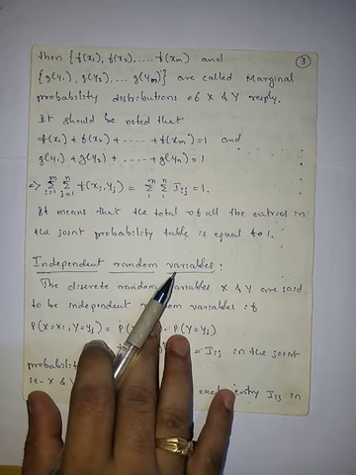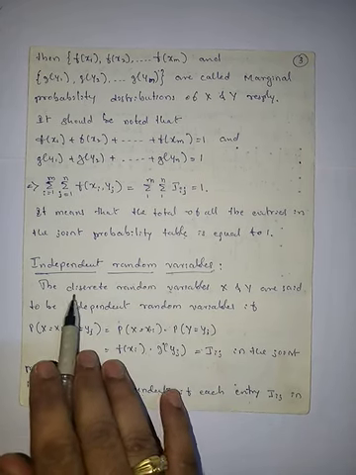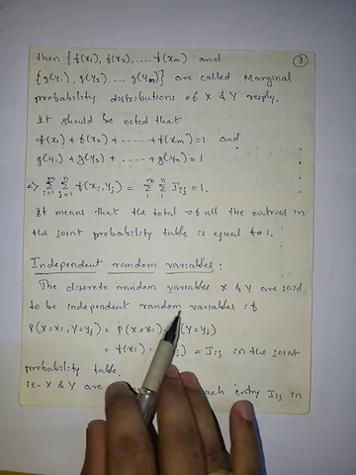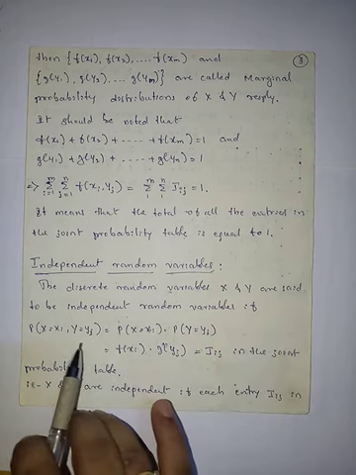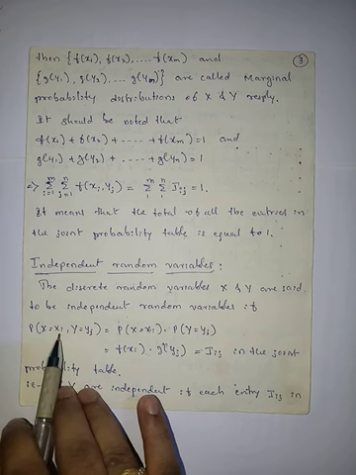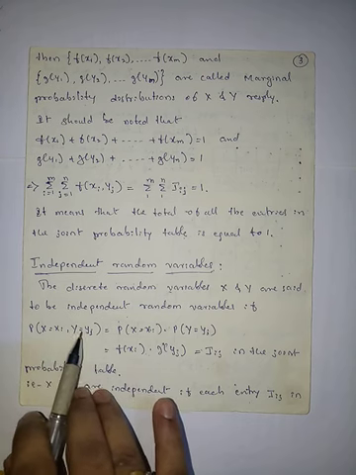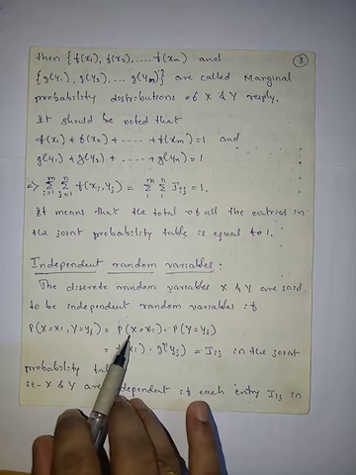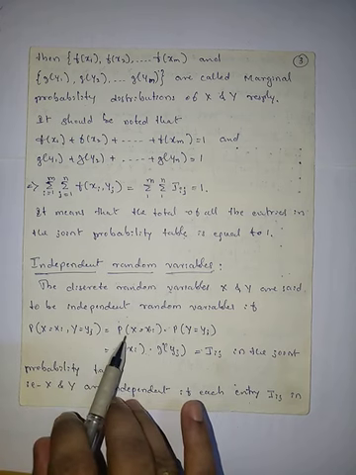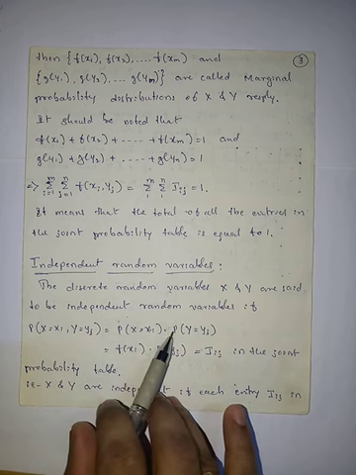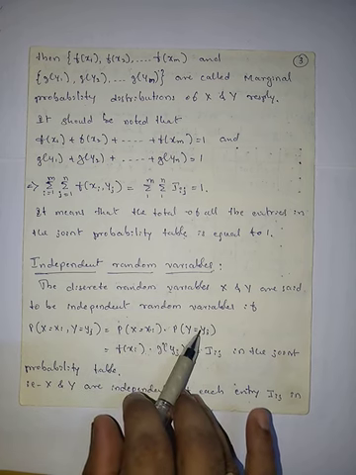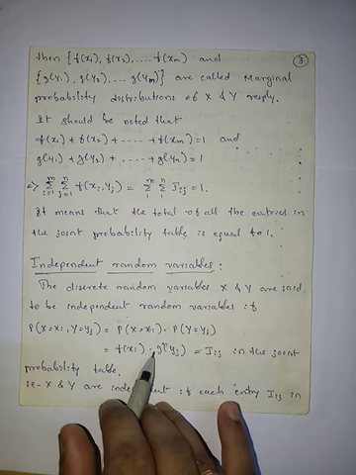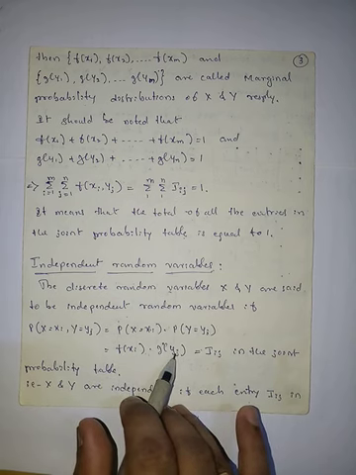The discrete random variables x and y are said to be independent random variables if p of x comma y, the joint probability of x and y, can be written as the product of the probability of x and the probability of y, which we can also write as f of xi into g of yj.